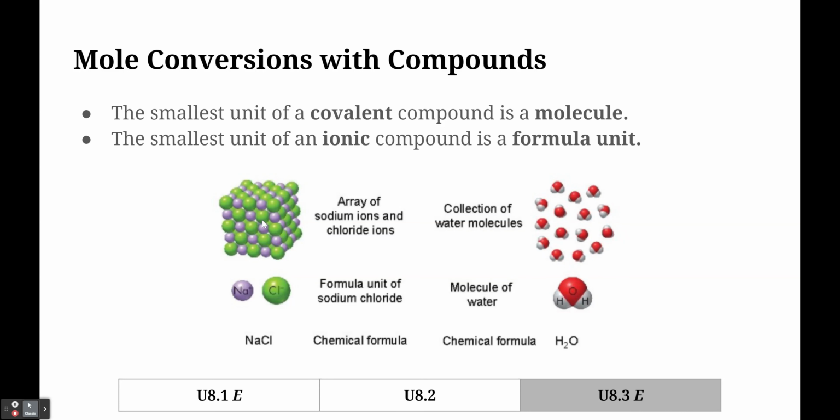They usually form a lattice, so instead of calling them a molecule, we just call them a formula unit, and that means 1 sodium and 1 chlorine ion together. It's just because they're ionic that we don't call them molecules, so the name for that is formula unit. But in terms of counting, same thing as a molecule.